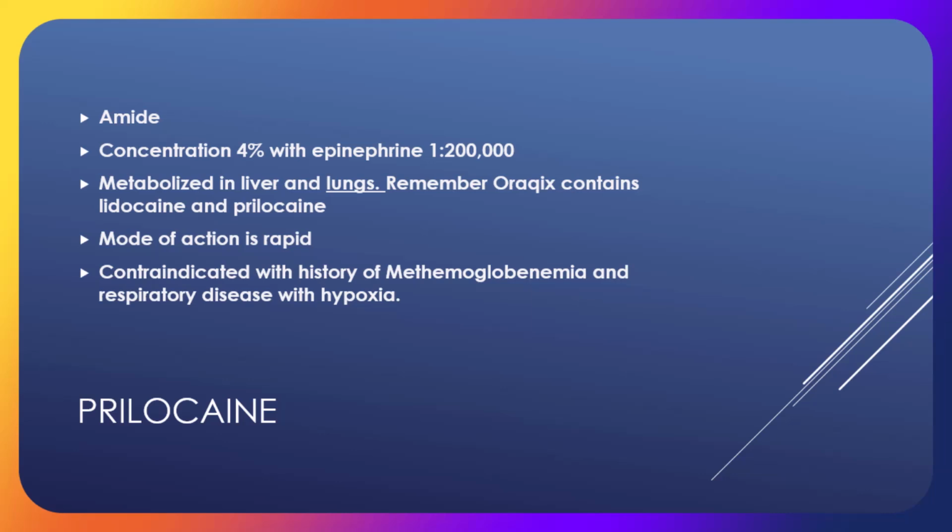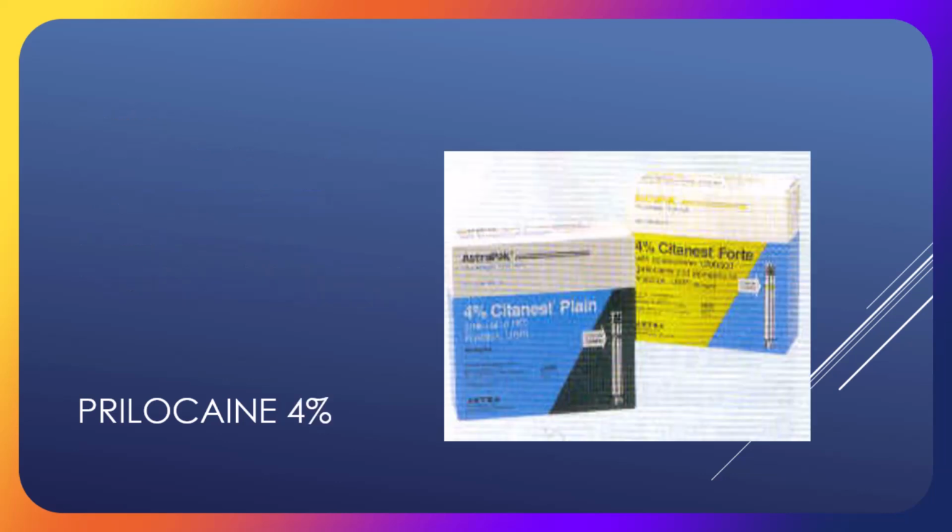Mepivacaine and prilocaine have the least vasodilating effects and are effective with no epinephrine. And it's a toluidine derivative, so it's the least toxic anesthetic available. It's got a half-life of 1.6 hours. And that's prilocaine. Prilocaine is Citanest and it comes in a 4% solution.